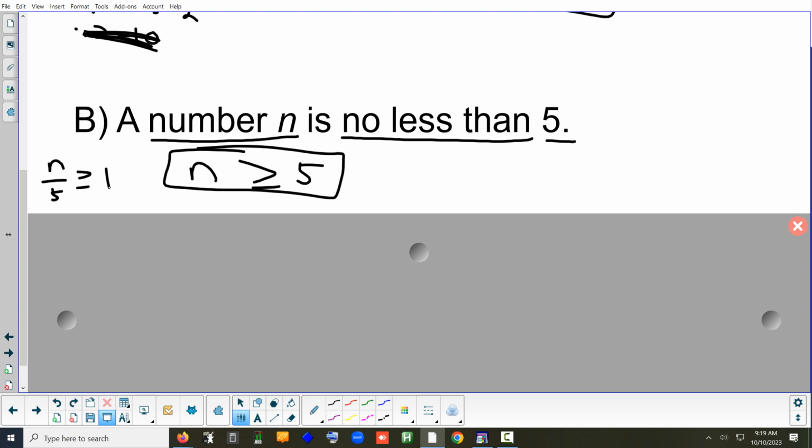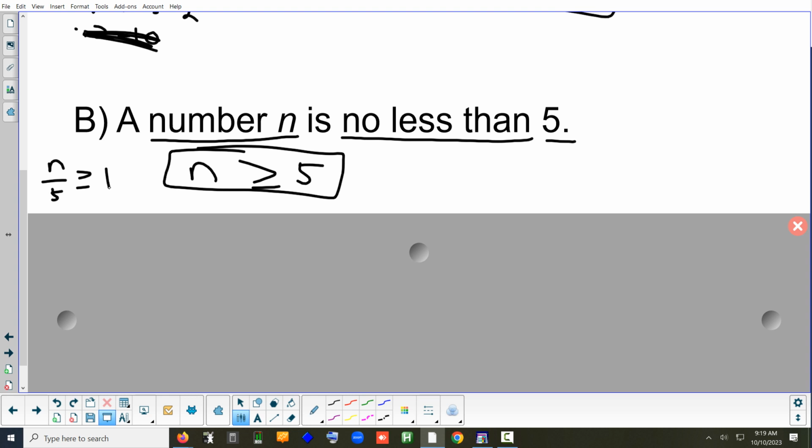Okay, if it was an equation, you're trying to find what n equals. And how do you do that? To get something as simple as you can, you have to make sure that what is on one side? The letter.